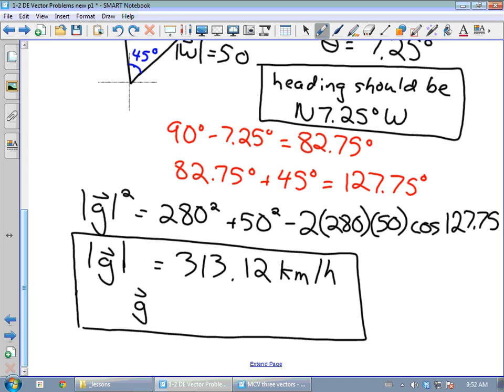So G is in a northerly direction. Let's just say due north. And there we are, the two things that we were asked for in the question.